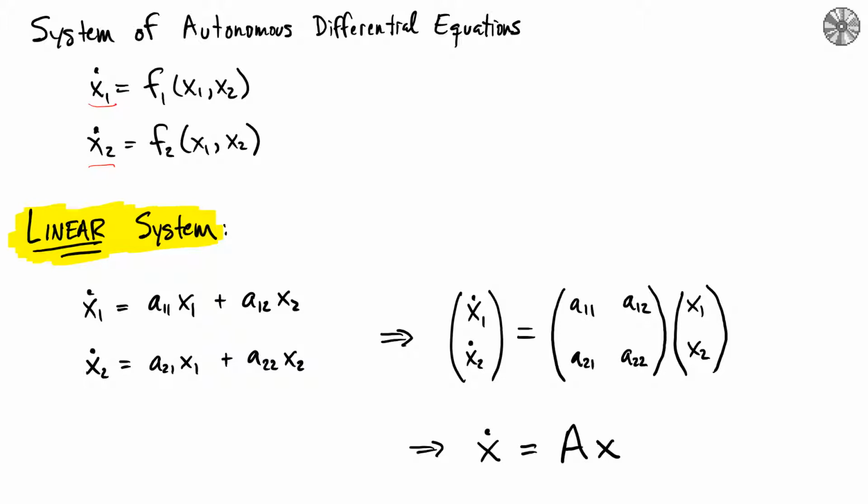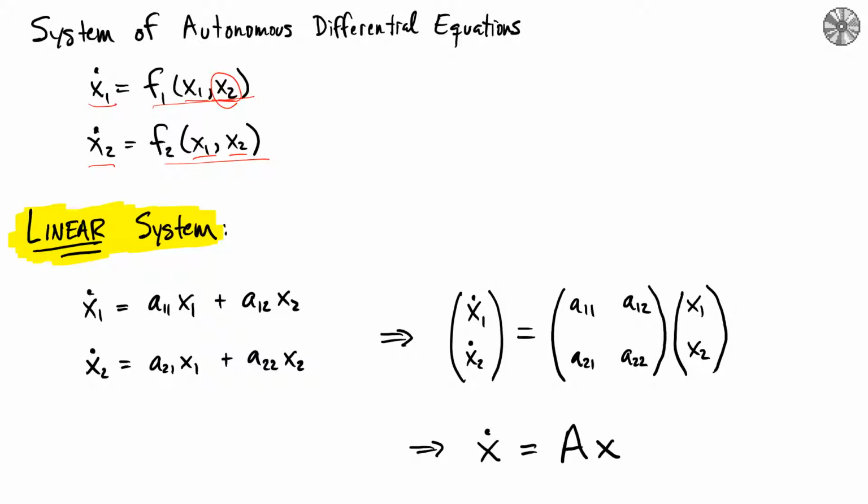Autonomous means nothing depends explicitly on time, and the derivatives I'm now writing as a dot, a single derivative as a dot. It's a system because f1 and f2 in general depend on both states. That means you can't solve x1 by itself because it depends on what x2 is, so you have to solve these systems together.